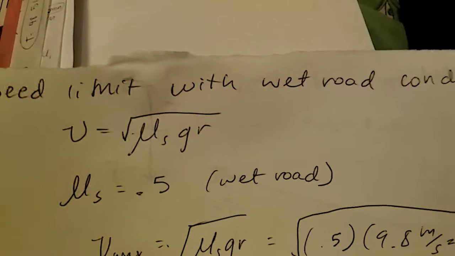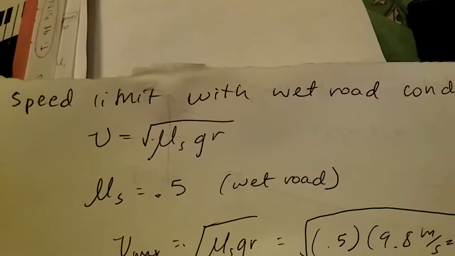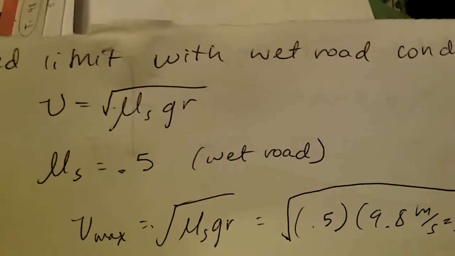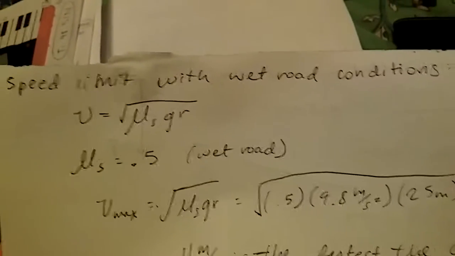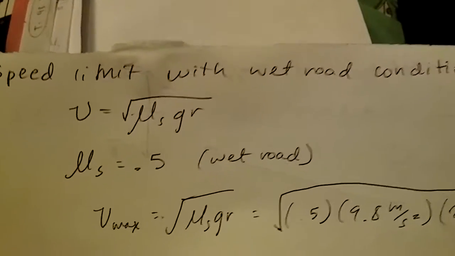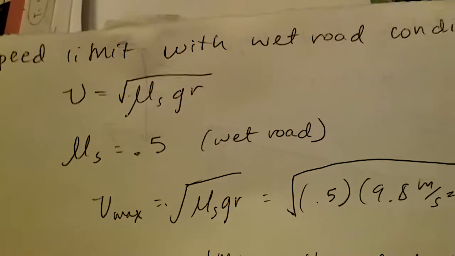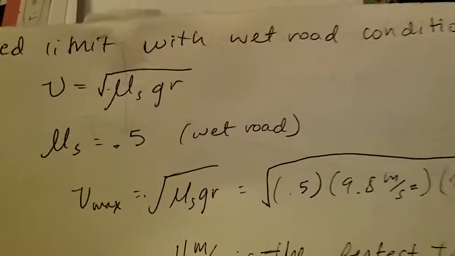Now I want to look at the same road, but it's wet, so the coefficient is going to change to 0.5. So we'll take that same equation, v is equal to the square root of mu s g r, and this time we'll just use 0.5 instead of 0.7.